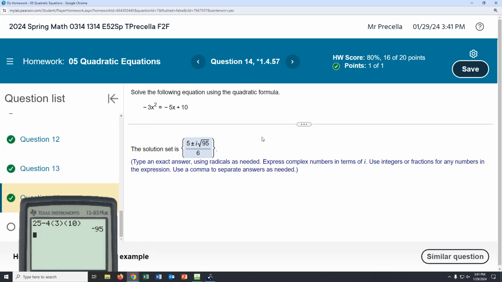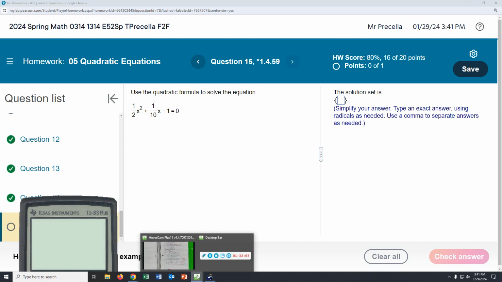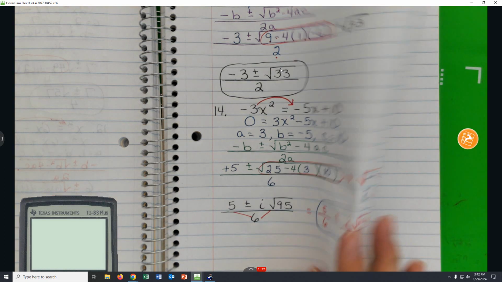We're about to do number 15, and it's the last one, so it has to be the hardest one. What do you think? Does it look a little bit more involved than the others? Yes? Because of what? The fractions? Here, before I do this, I want to review something.